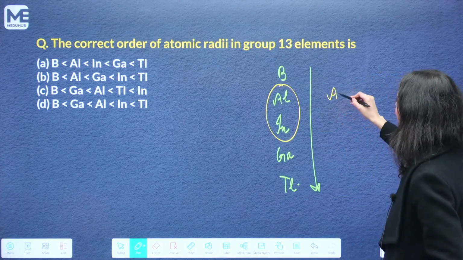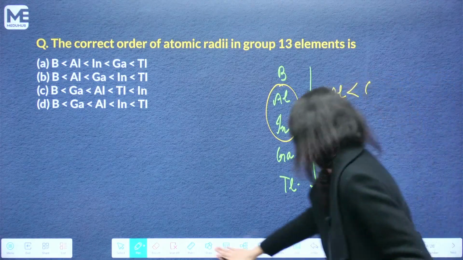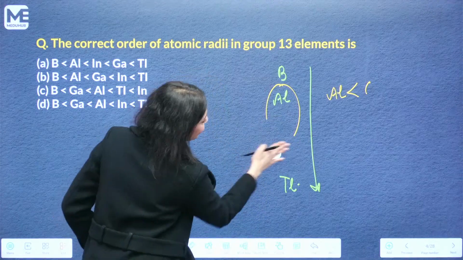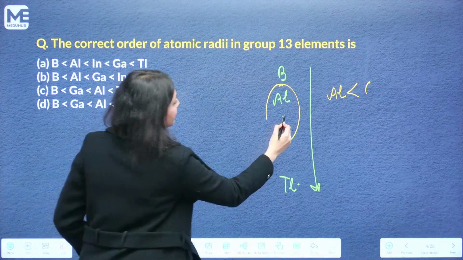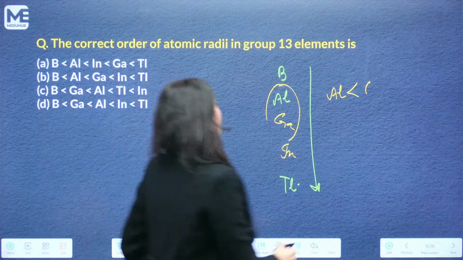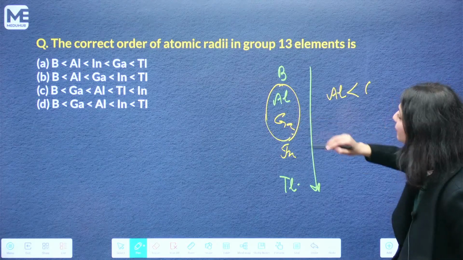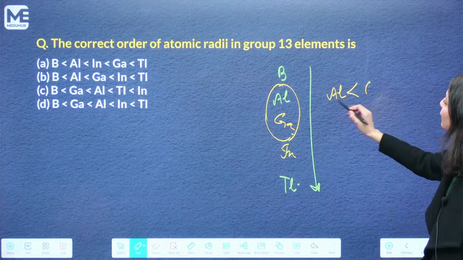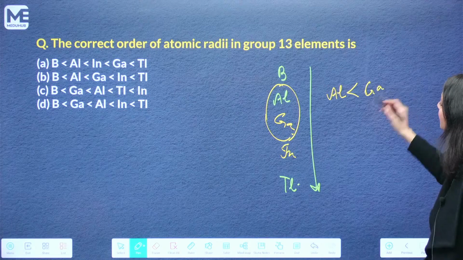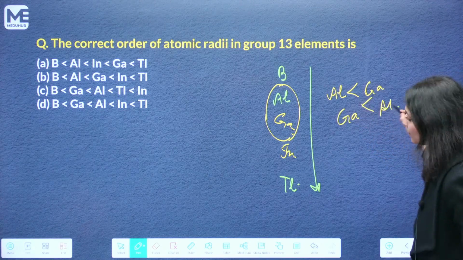So instead of gallium, indium, thallium, ideally it should be increasing down the group, but an anomaly is observed here. So atomic radii of aluminium is not less than gallium. That of gallium is less than that of aluminium.